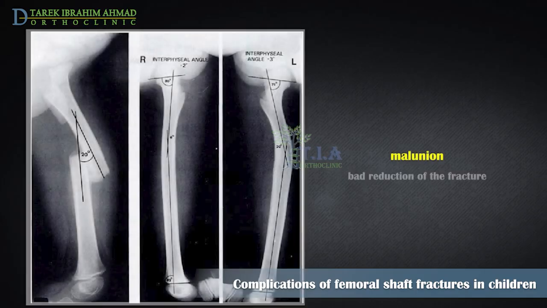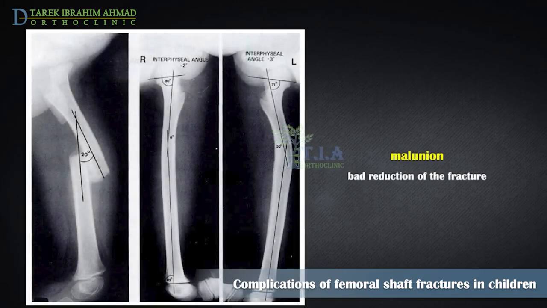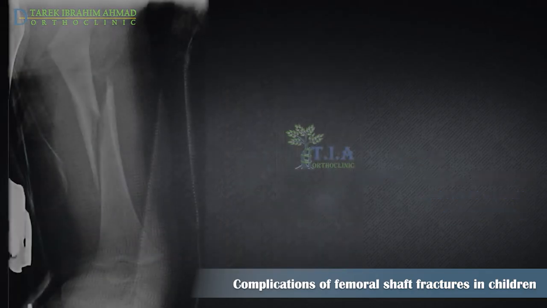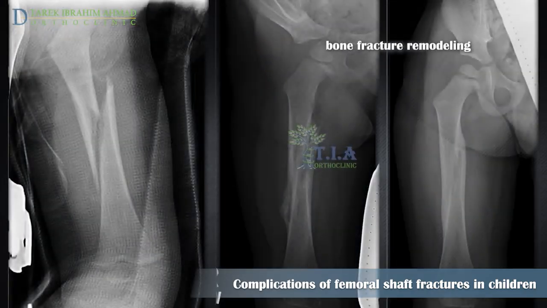Malunion. Malunion can occur after bad fracture reduction or after flexible intramedullary nailing in patients who are aged over 11 years old or who weigh greater than 50 kilograms. Fortunately, because children's bones grow and remodel quickly, the bones will grow and heal back into a more normal shape.